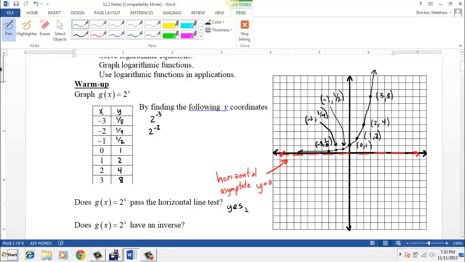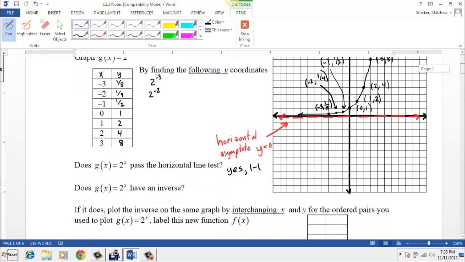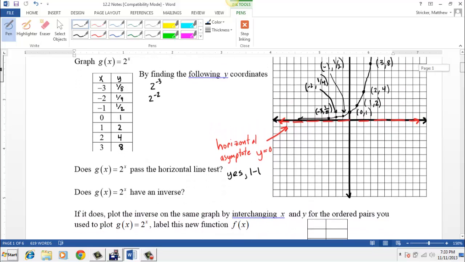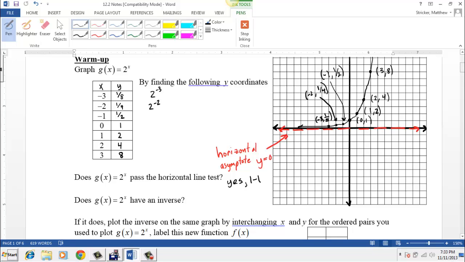Well, hopefully you said it means the function is 1 to 1. Which brings up the second question. Does that function have an inverse? And the answer is yes, because the function's 1 to 1. If the function's 1 to 1, then it does have an inverse.